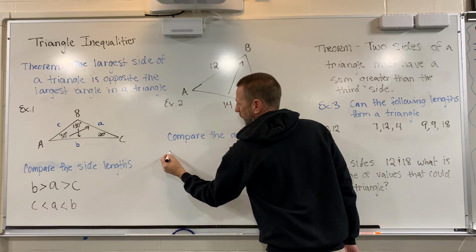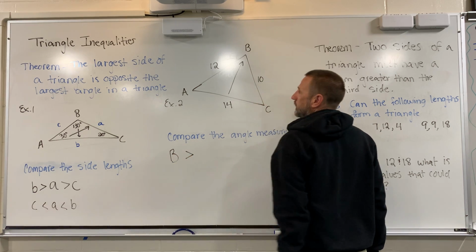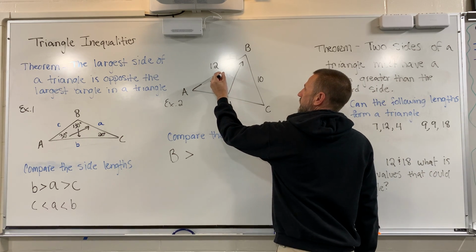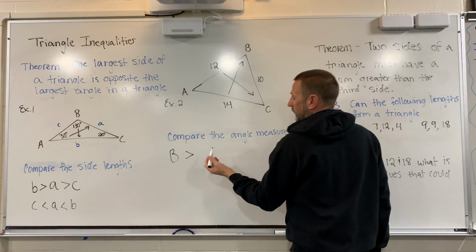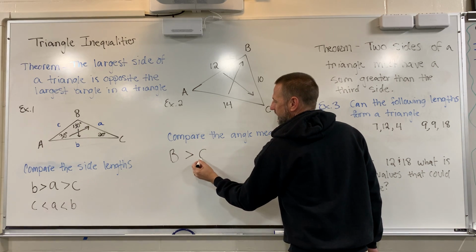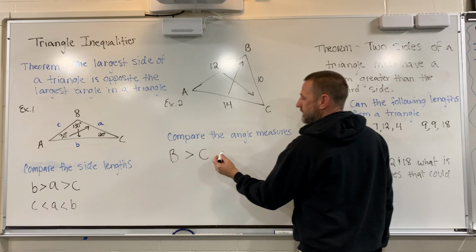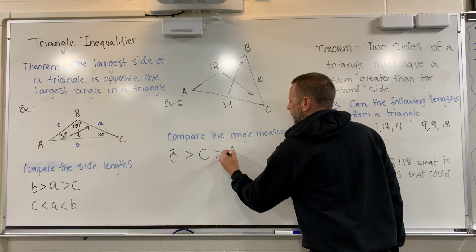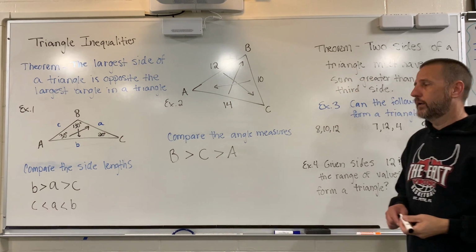So that means that angle B, whatever it is, is greater than the other ones. So when I go to the next one, I can see 12 is the next longest side. So therefore C is next in the order of which is the largest angle and so forth. And then the smallest one would have to be angle A because it's opposite the smallest or the shortest side, however you want to say that.